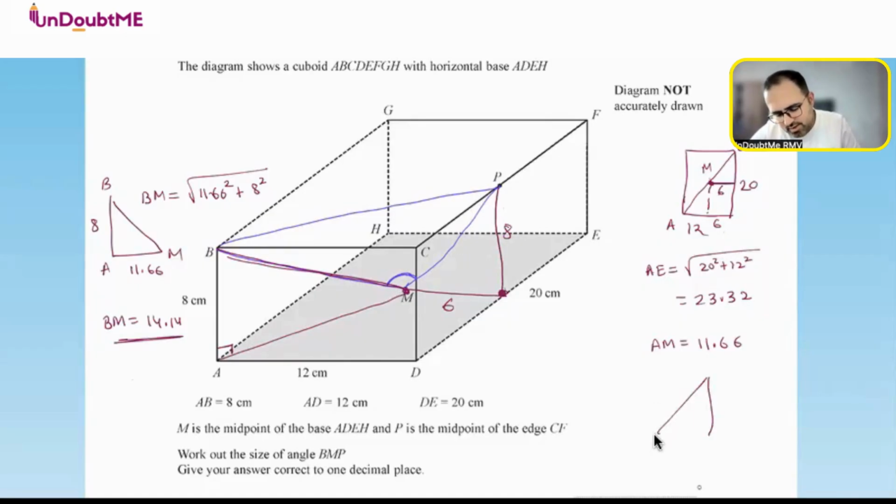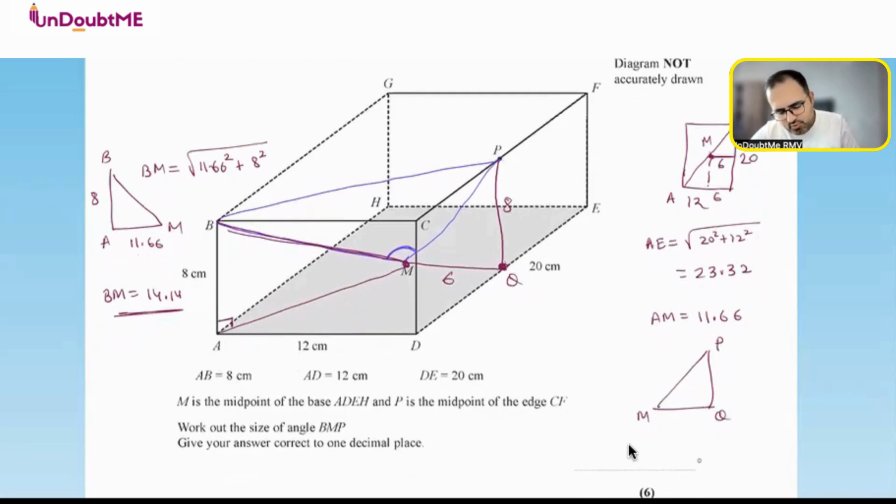Okay, so this is a triangle PM, and let's say this is Q. Label it by any label, it is your choice. So I want to find PM, so it will be PM square is equal to 8 square plus 6 square. That will give me PM is equal to 10 on calculation. Okay, I have got PM value.